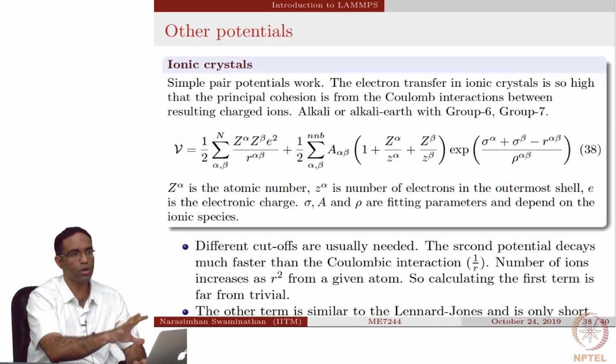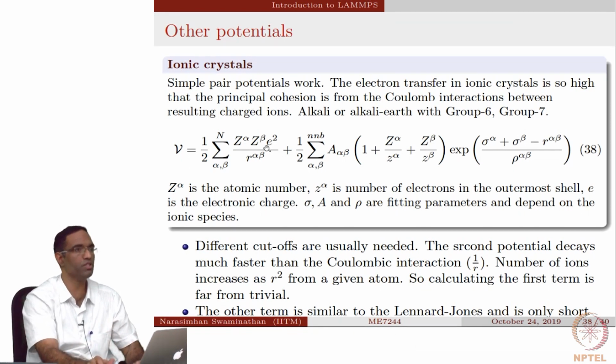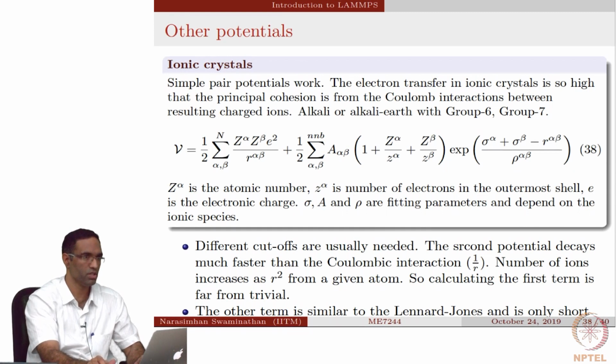So we are not going to talk about how that is done inside LAMMPS. Okay, I will just say that whenever you are using ionic crystals, you have to make sure that the cutoff for this is large enough that your energies are going to converge. Okay, so there may be some trial and error that might be important for you to do if you are working with new systems in order to figure that out.